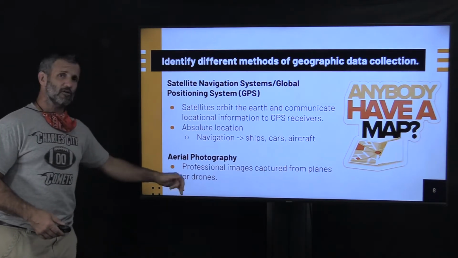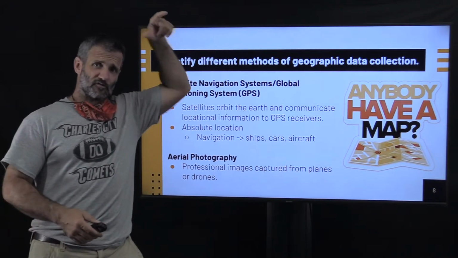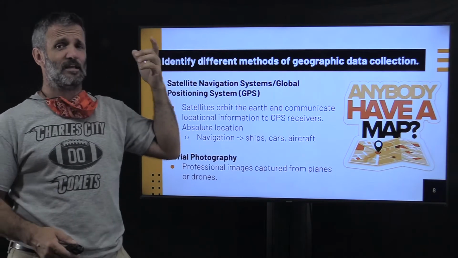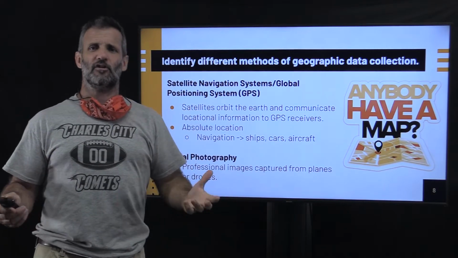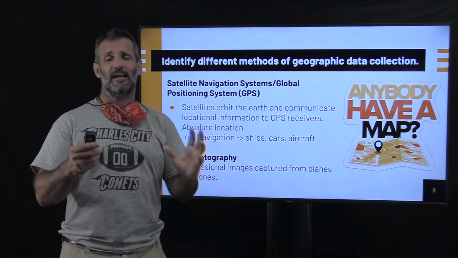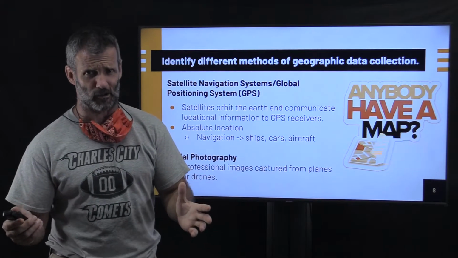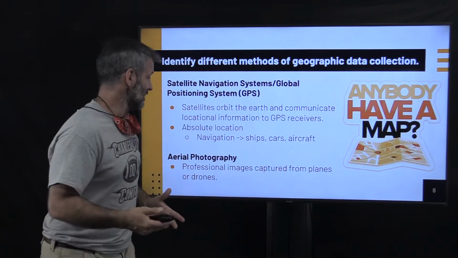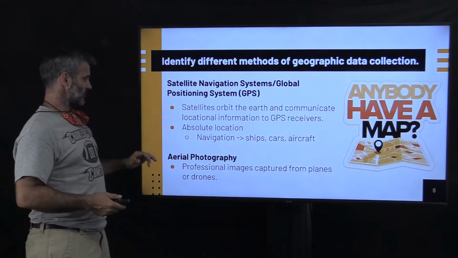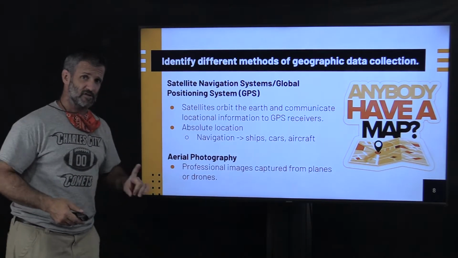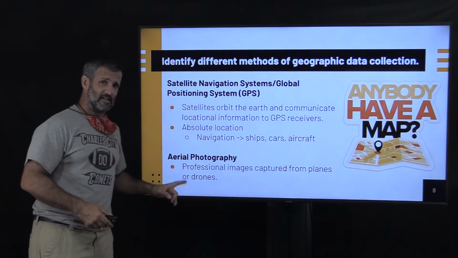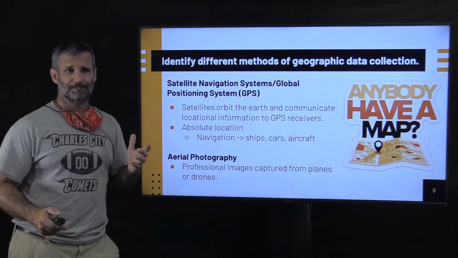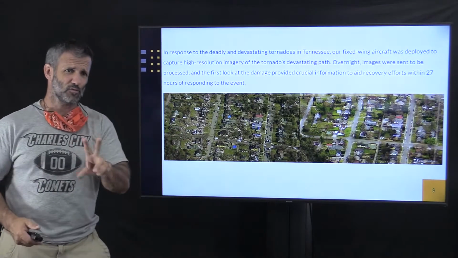We also have aerial photography. This can come from a satellite, but it can also be from planes or helicopters. Think about huge cities that have a helicopter saying, hey, I-95 is backed up along the way. That's that kind of stuff. Think about drone usage. Drone technology is significant in this. Here's a great example of it.